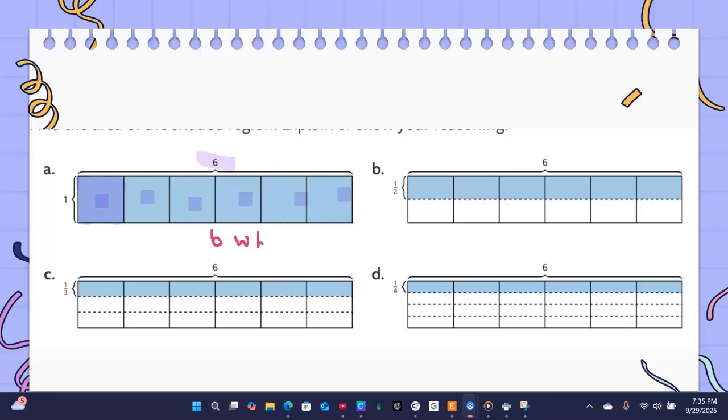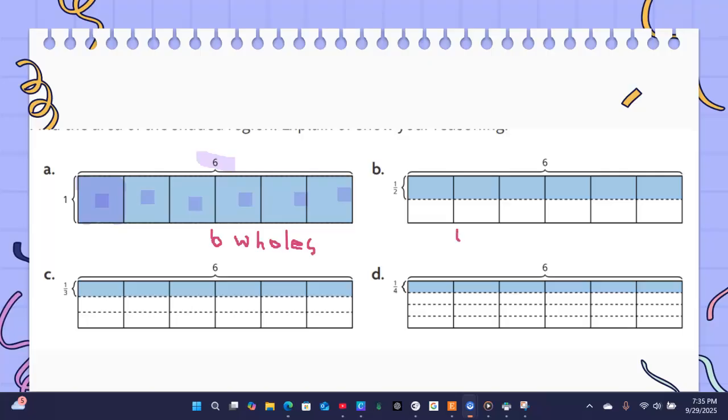Okay, next one. Let me finish writing this. Students, one day I am going to get a handle on this writing tool. 6 wholes. All right, let's look at B. This tells you that this side is not 1 whole, but it's 1/2. But this whole area across is 6. So we have 6 shaded halves.